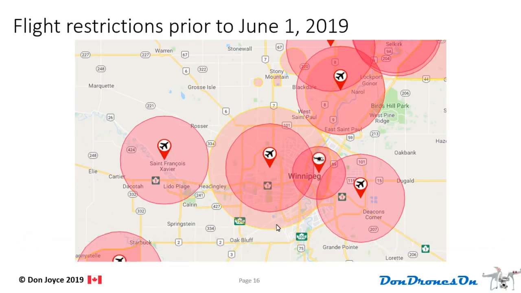And you can see a few yellow circles. There's one here. This is the controlled airspace for Winnipeg Airport. And there's another one, you can barely see it here. And there's a couple of, I think these are class F, I didn't look too carefully, airspaces around here, and there's a little wedge up here as well. So a lot of red, let me put it that way, around Winnipeg prior to June the 1st.